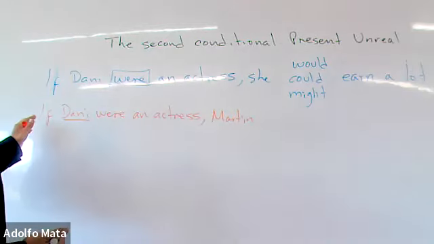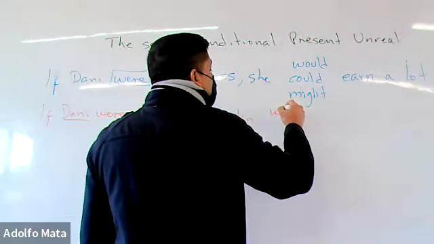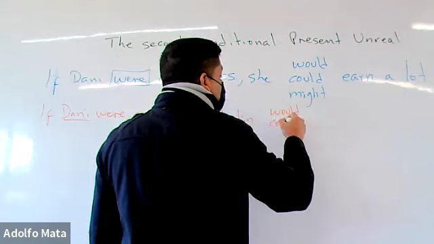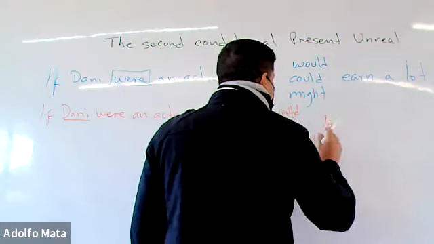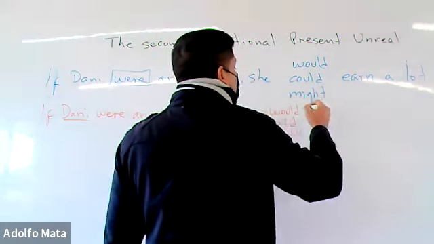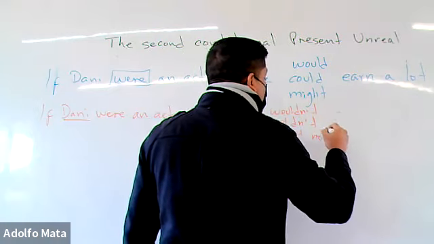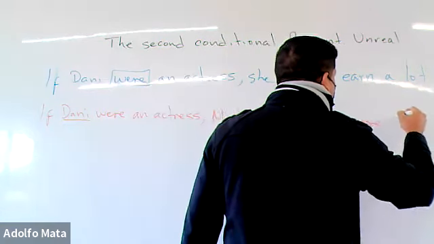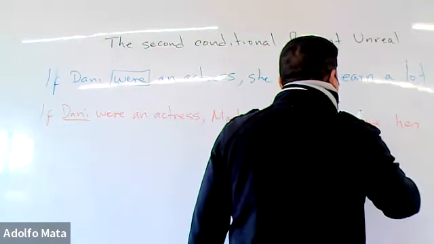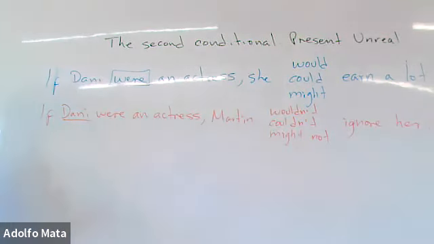I'm taking that name out of my mind. If Danny were an actress, Martin wouldn't or couldn't or might not ignore her, because Martin is a super cool boy and he ignores girls. But in this case, he doesn't, because Danny is an actress.